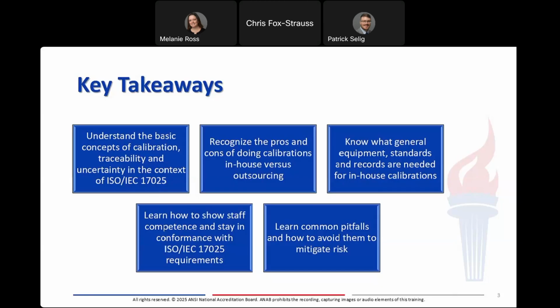We'll talk about what general equipment, standards, and records are needed for an in-house calibration program, and learn how to show staff competence and stay in conformance with the 17025 requirements. Finally, we'll talk about some of the common pitfalls and how to avoid them to mitigate risk.